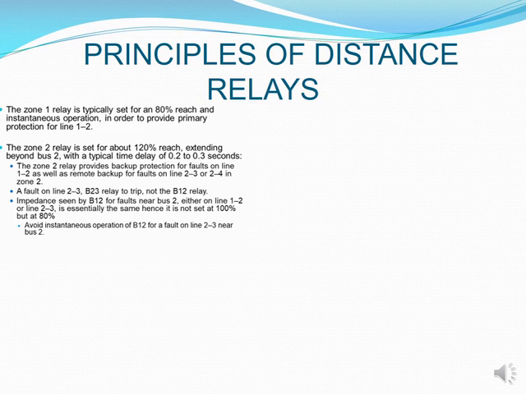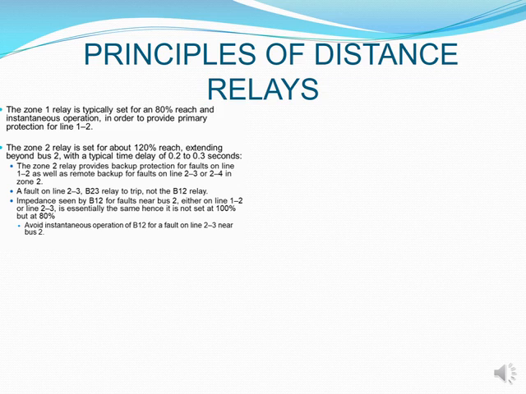So in the event that your fault is, let's say, at 110% of that impedance, then you want your zone 2 to be the one that picks up that fault. But because it's within the zone 2 reach, it must be able to trip that fault instantly at that point.